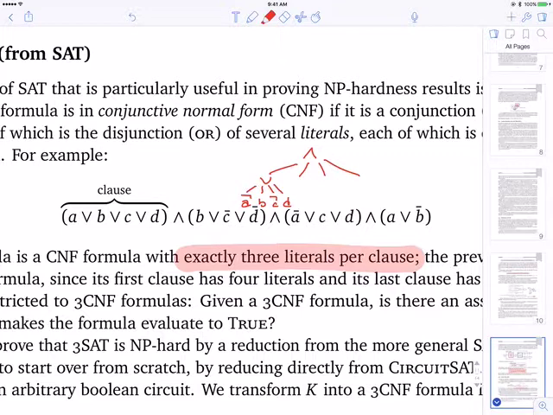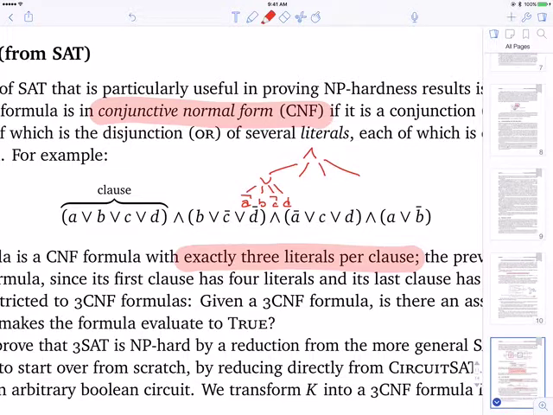So this is a conjunctive normal form (CNF) formula, but it's not a 3CNF formula. It's not an instance of 3SAT. In 3SAT, I can't have any clauses like this that only have 2 variables, that's too small, and I can't have any clauses like this, that's 4 variables, that's too big. I need exactly 3.